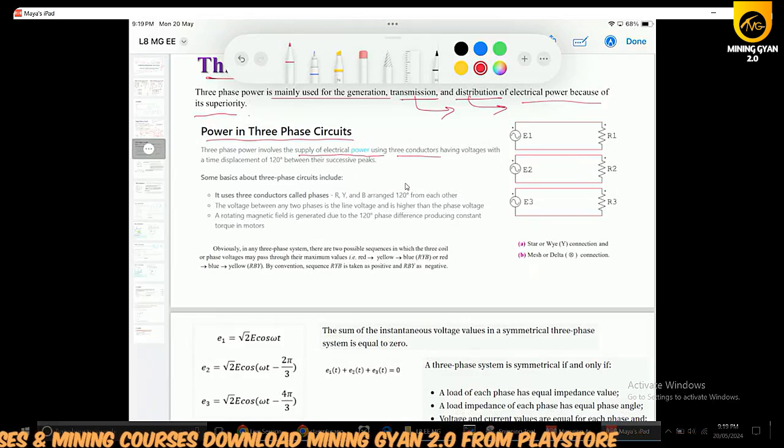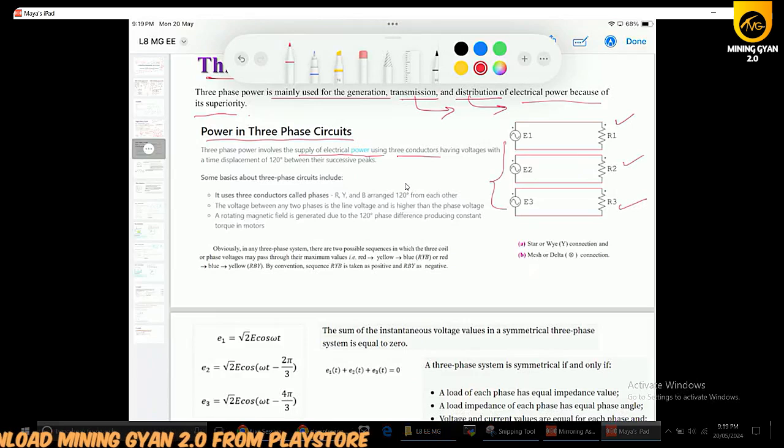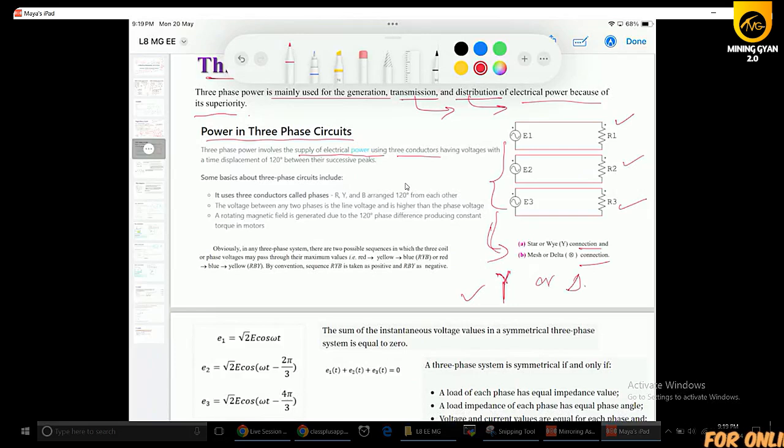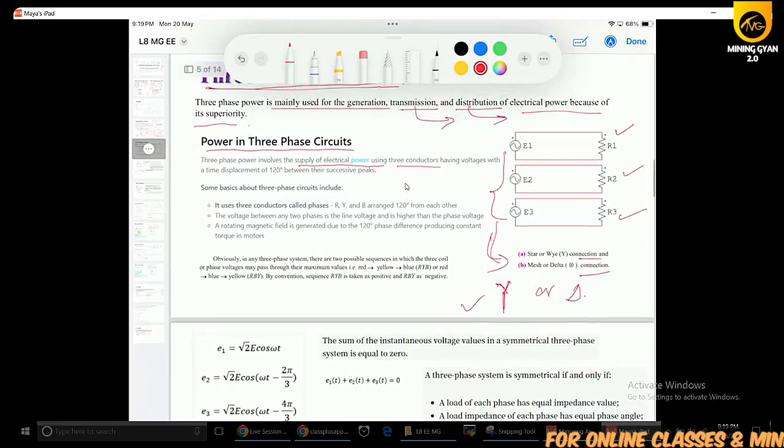As you can see, there are three different circuits, and these three circuits can be configured into two connections. Either you can connect these coils in star connection or in delta connection according to your application. These three sources will have 120 degrees of phase displacement.